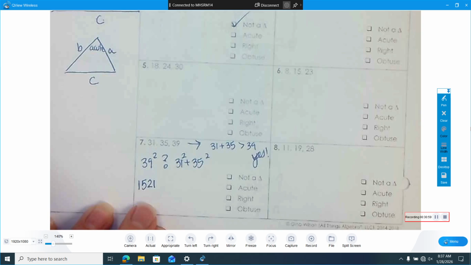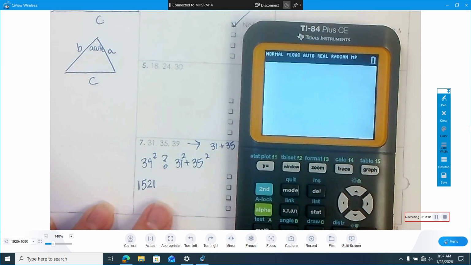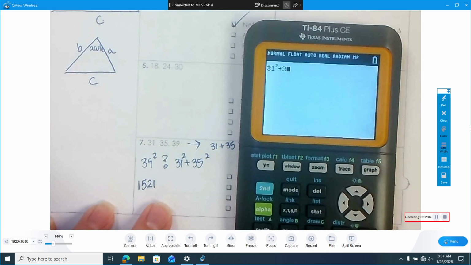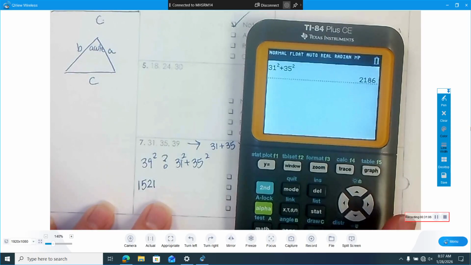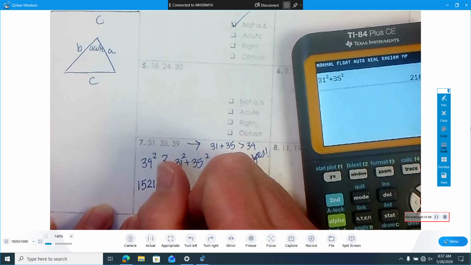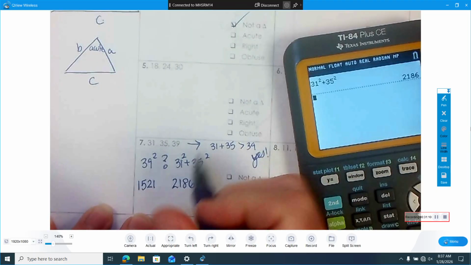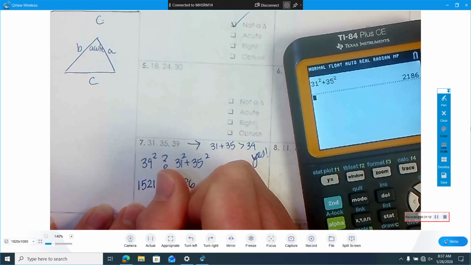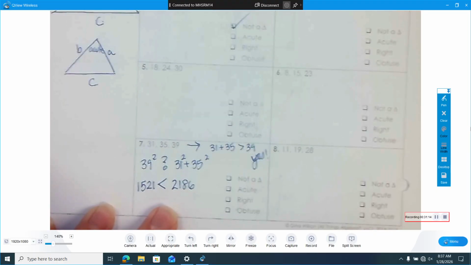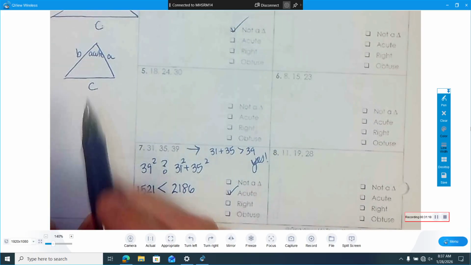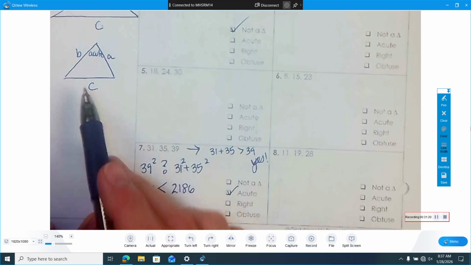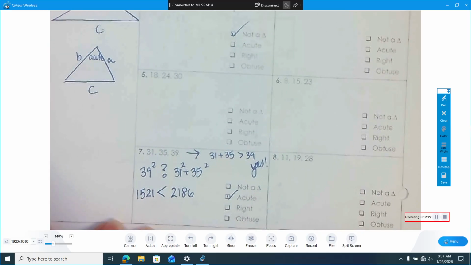Beautiful. And then I'm just going to use my calculator the quick way: 31 squared plus 35 squared, and I get 2186. So 1521 is definitely smaller than 2186, so that gives us an acute triangle, because that longer side is short compared to the sum of the other two. So we get an acute triangle.